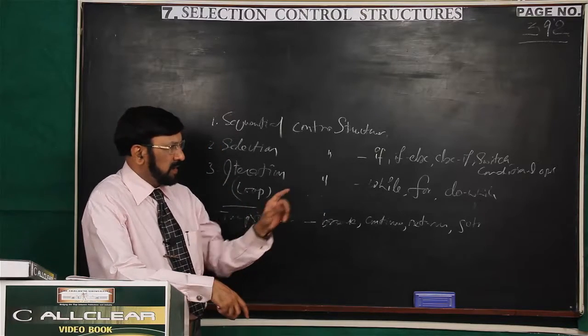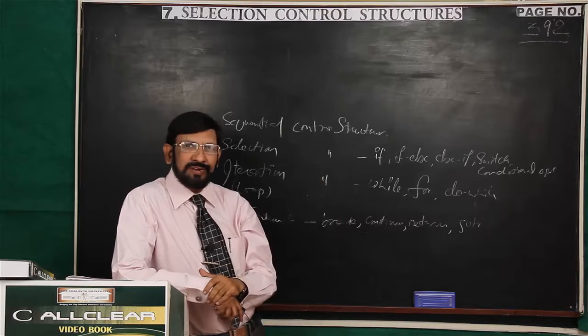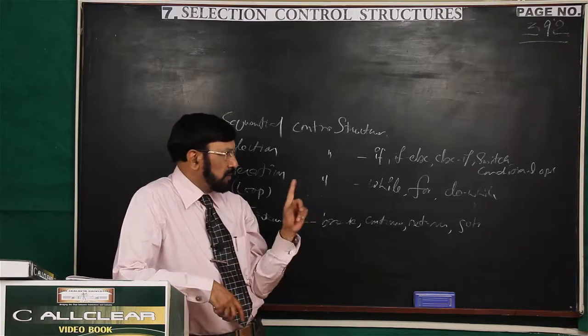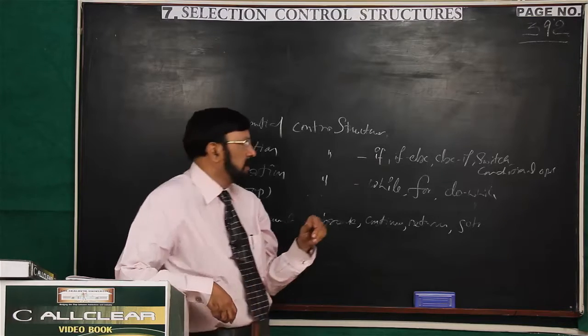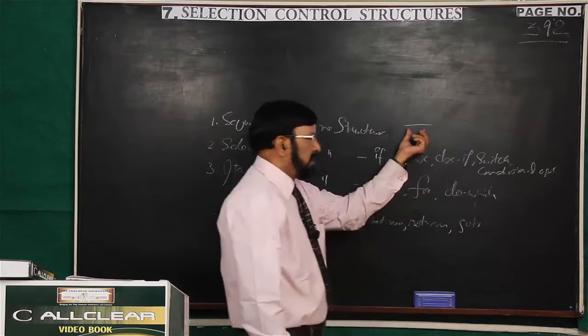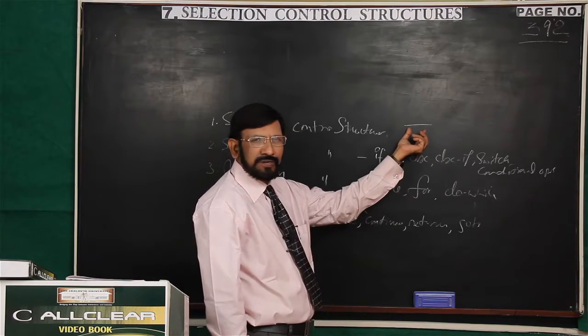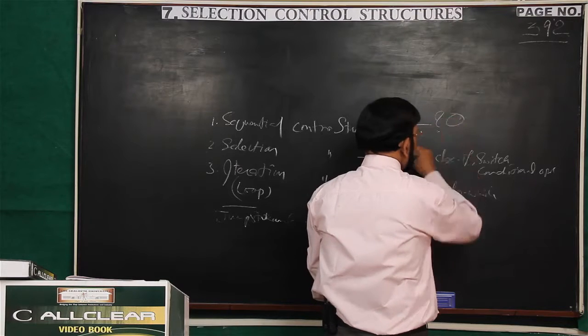Actually, those operators are part of the selection control structures, because they are useful for performing a selection. A condition is there, a relational expression or logical expression. If it is true, this is executed.